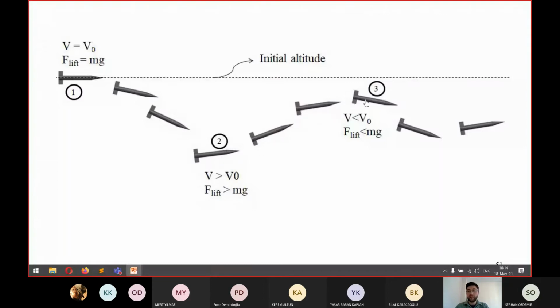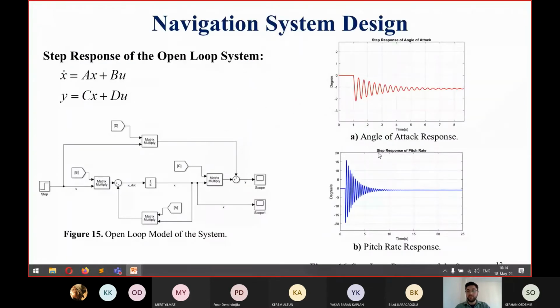After a while, the velocity of the munition becomes less than the initial velocity, and the gravitational force overcomes the lift force, and the munition starts to descend again. This motion continues for a specific time. And this is the step response of the pitch rate. As you see, the motion of the munition decreases over time.